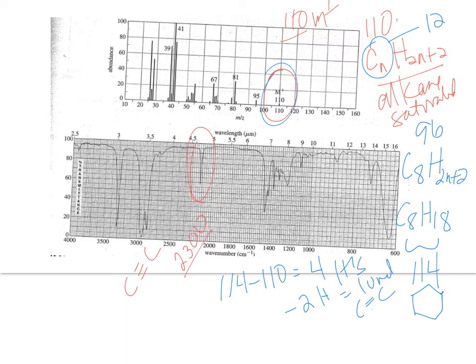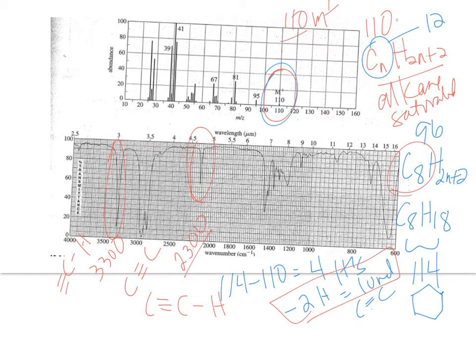And that triple bond is your 2 units of unsaturation. And then you have this peak here around 3300, and that is your CH from your triple bond. So that tells you right there that you have a terminal alkyne.